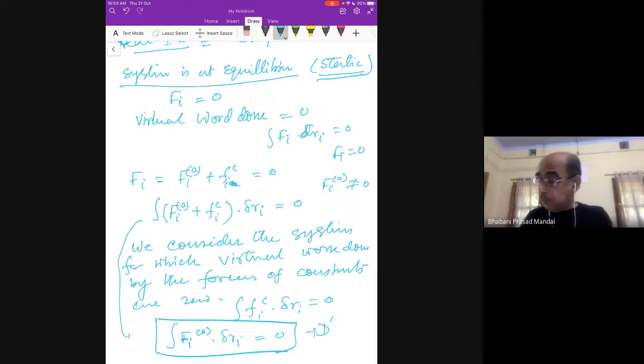But this is a principle again, like Hamilton's principle. We don't know how it comes. It is the brilliant mind that understood that this will give you the correct equation. Principle of least action or Hamilton's principle, we don't know, there is no proof of how this principle comes. There is no proof for D'Alembert's principle. D'Alembert's principle is that the virtual work done by the forces of constraint of a system is 0.